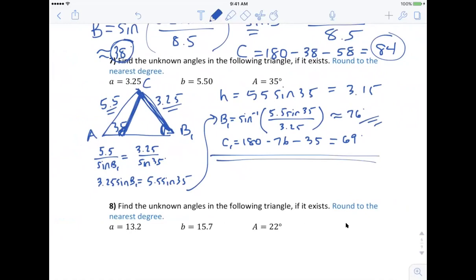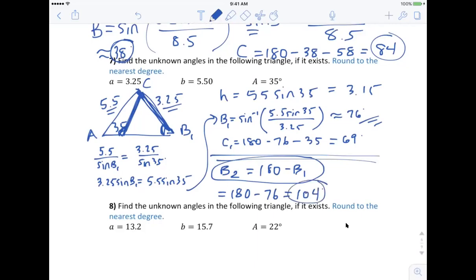So my B sub 2 is always going to be 180 minus B sub 1. You can always think of this as a little formula if you have to find a B sub 2. It's 180 minus the B sub 1. Okay, so in this case, we have 180 minus the 76, which is 104. And that's your B sub 2.